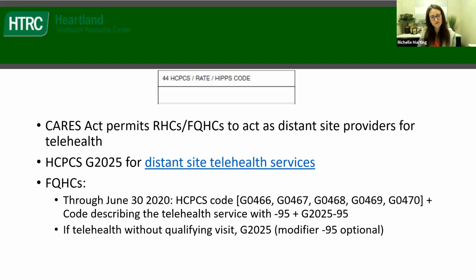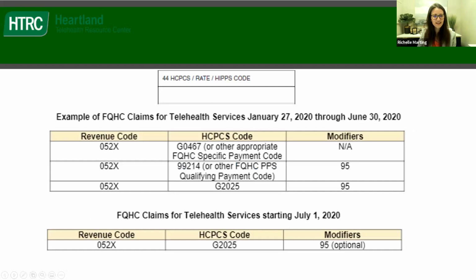The logic I gathered in reporting modifier 95 here is distinguishing that it was done via telehealth in addition to your underlying qualifying FQHC visit. This is what that looks like, and the difference for 2020 through June 30th, and then July 1st forward in billing for these FQHC telehealth services to Medicare.